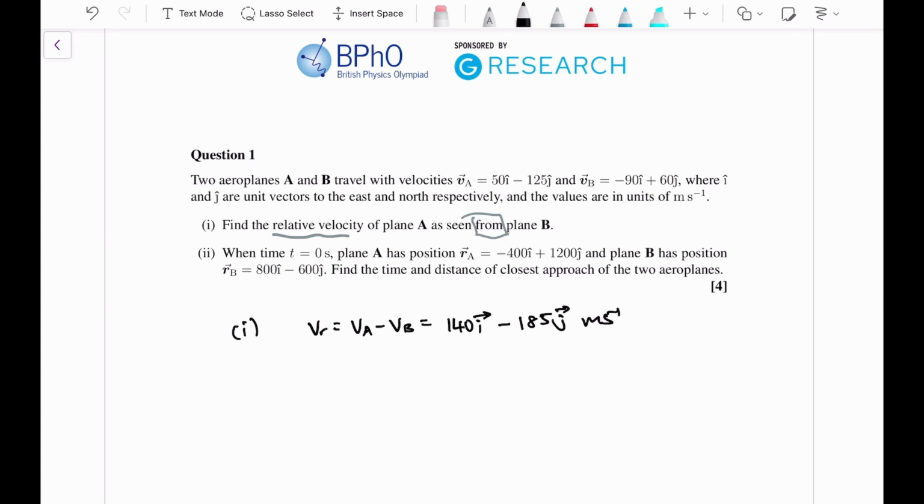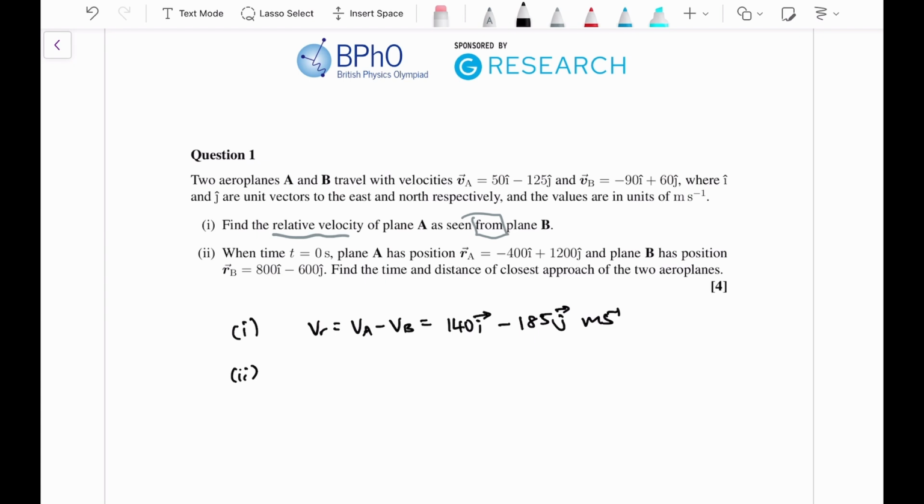Now, for the second component of the question, it says when time t is equal to 0 seconds, plane A has position RA equal to negative 400i plus 1200j, and plane B has position RB equal to 800i minus 600j. Find the time and distance of the closest approach of the two aeroplanes. So what we want to find is the time when plane A and plane B are closest to each other.